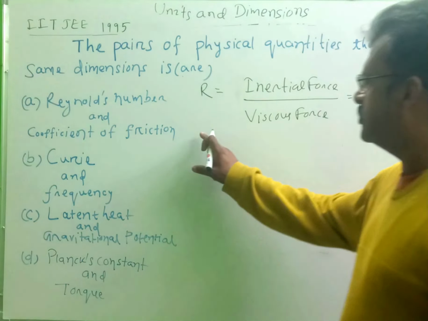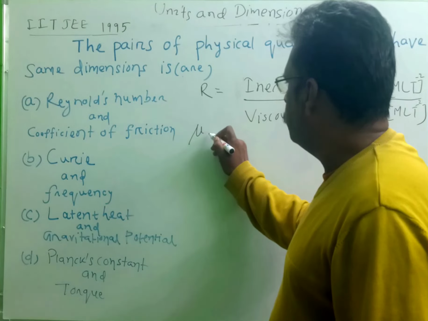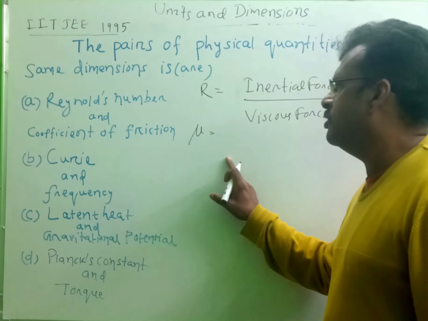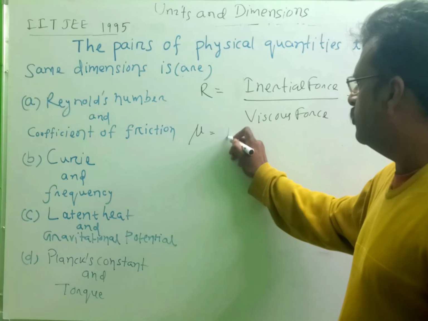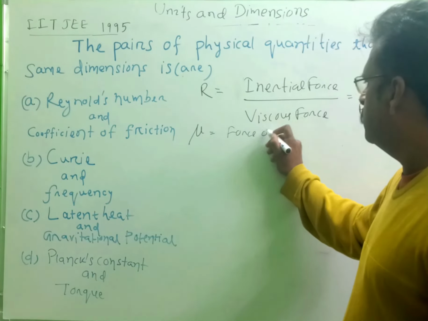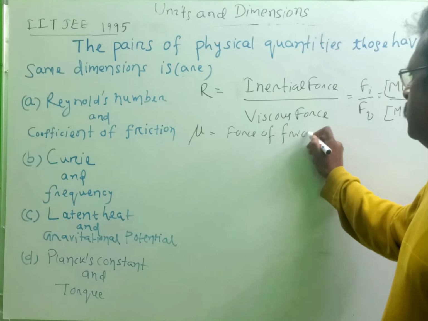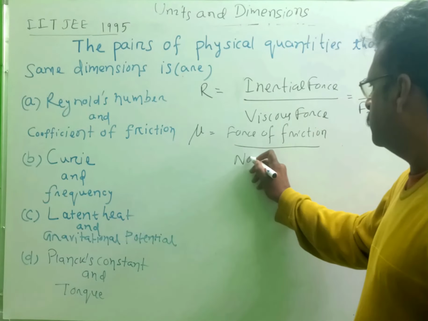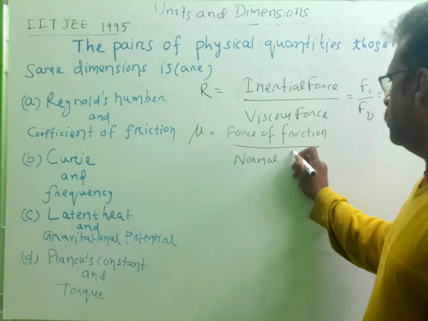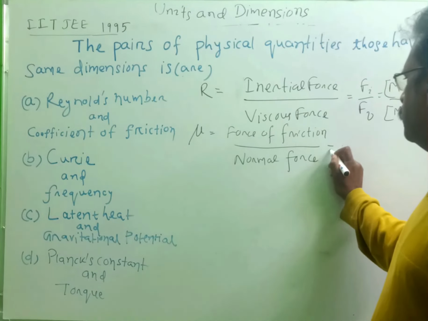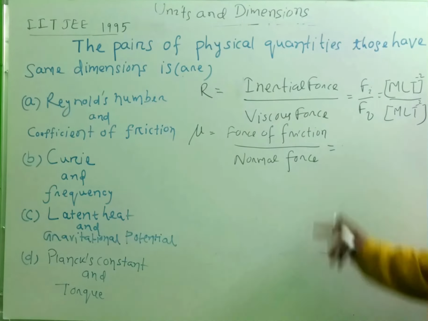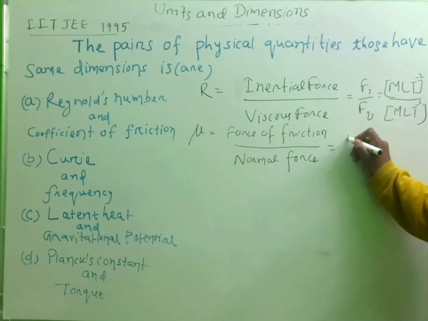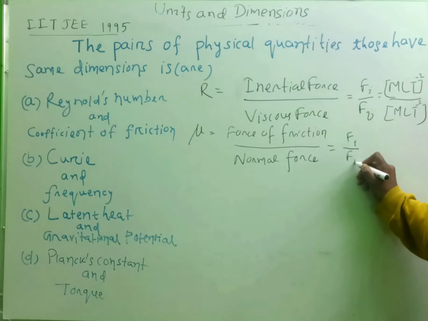What is coefficient of friction, student? This is denoted by mu, and this is also the ratio of two forces. Here the force of friction between two surfaces and the normal force between the two surfaces. So this is also a ratio between two forces, that is F friction and F normal.